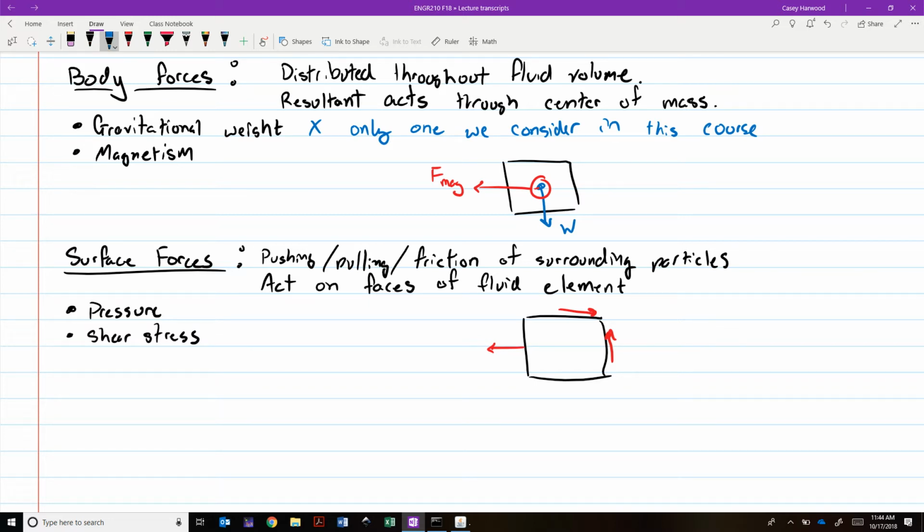So body forces are generally really easy to understand. Fluid weight, or the gravitational acceleration times mass, is something that we're all pretty familiar with. These surface forces are a little bit harder to calculate, or a little bit harder to represent. So we're going to focus on those.